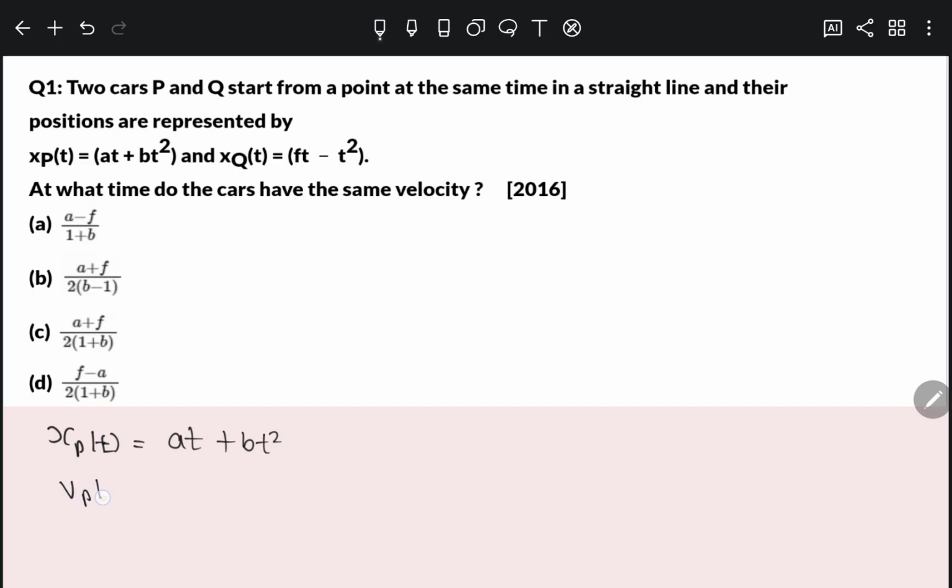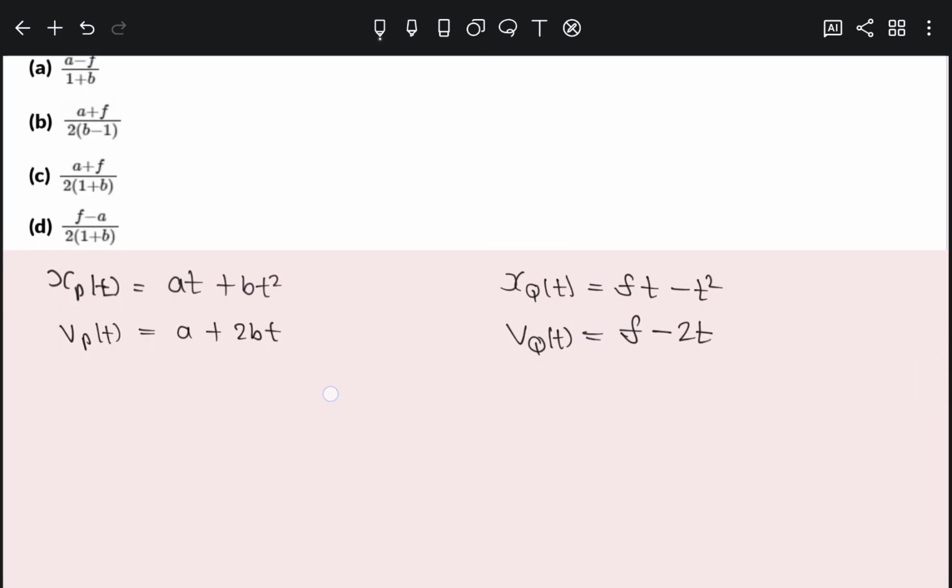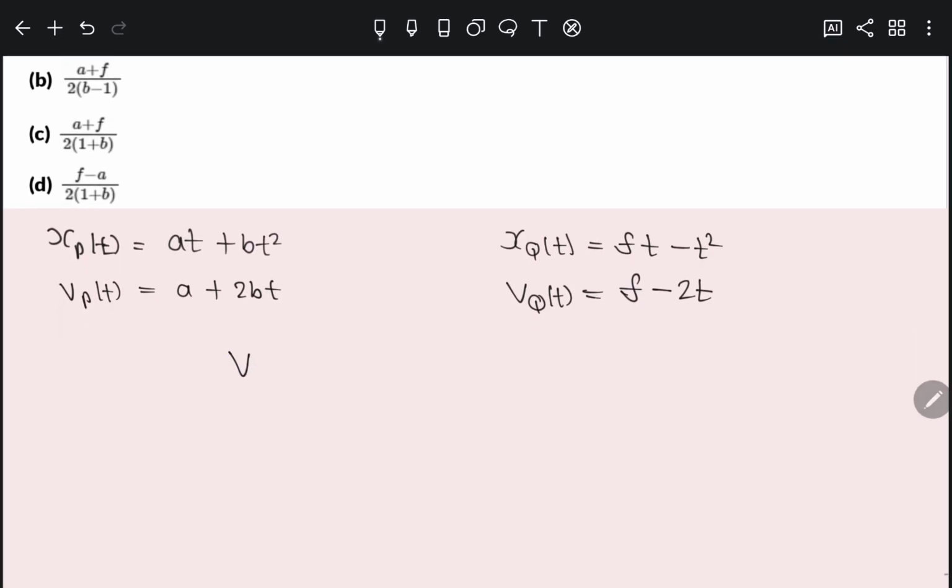If I do differentiation, vp(t) is equal to a plus 2bt. Again, this is xq(t) is equal to ft minus t square. So again I do differentiation, and I get f minus 2t.